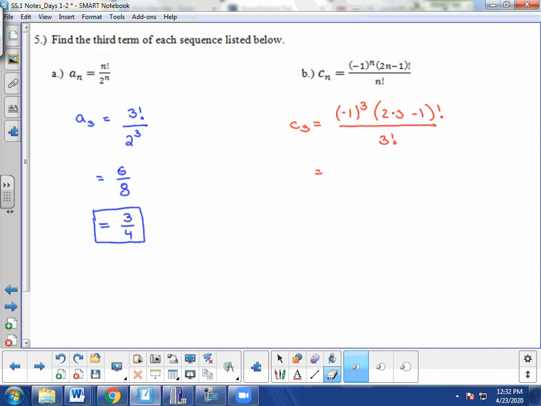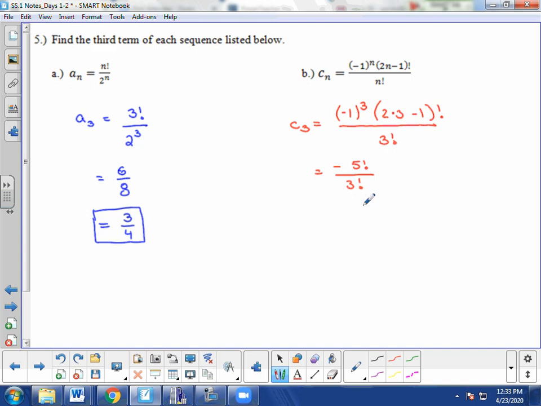So this would end up being negative 5 factorial. Notice the factorial is taken of the 5, and then we take the negative of that. And then this is over 3 factorial.